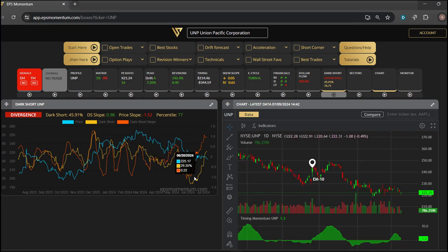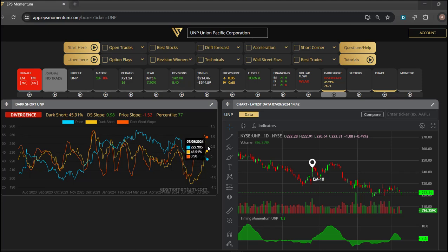So see how it's been shooting up recently and very significantly, and the price has been really drifting down. So it's in divergence, the shorts are shooting up, and that's a perfect storm, right? Which is a divergence between the price and the dark short, a rally in the last 20 days of the dark short, and really preparing for maybe a push on the stock price.